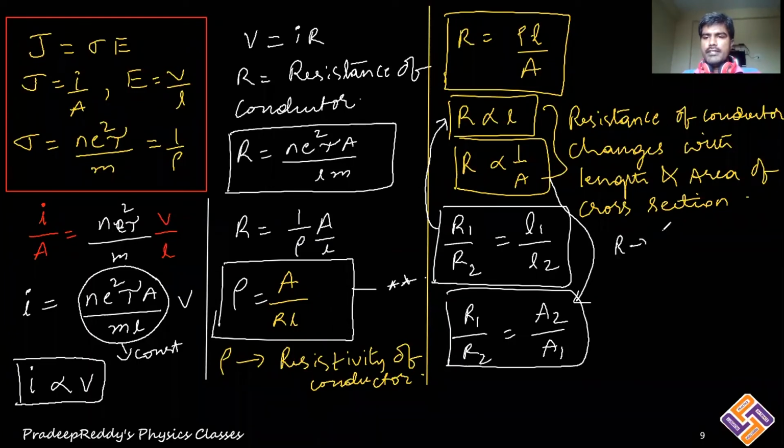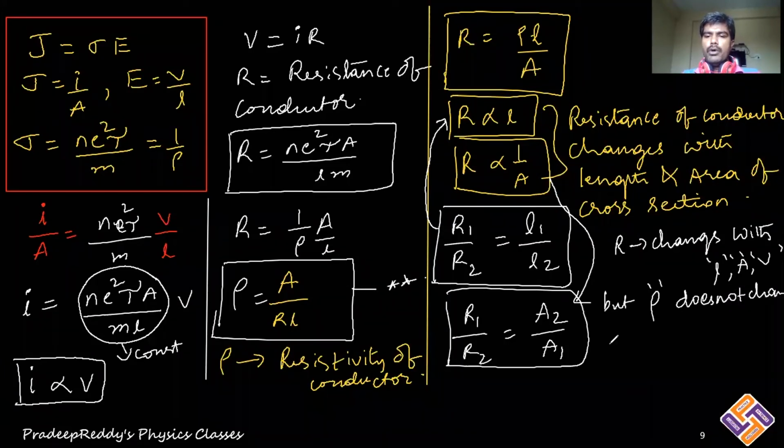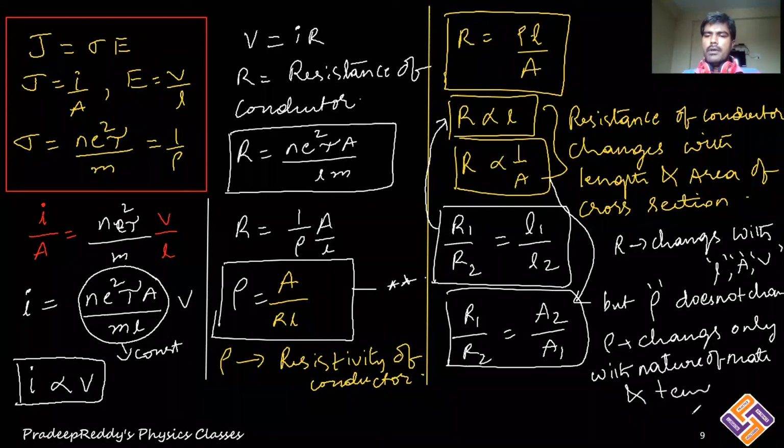R changes with L, A, V, area as well as volume, but rho does not change. Rho changes only with nature of material and temperature. Of course, R changes with temperature also.